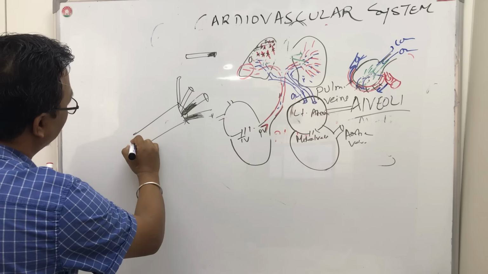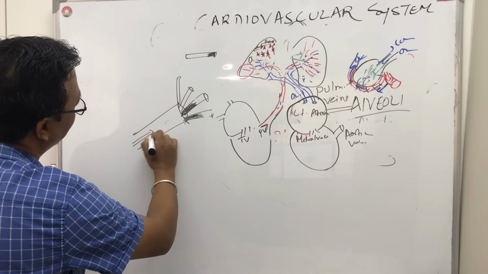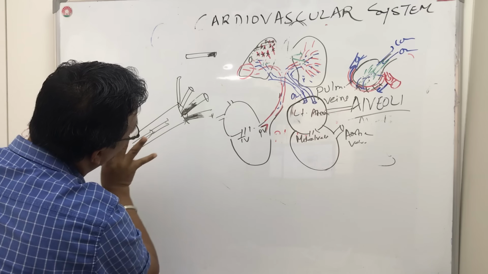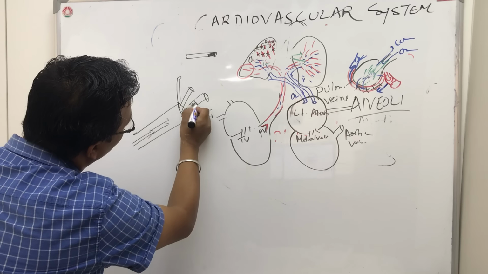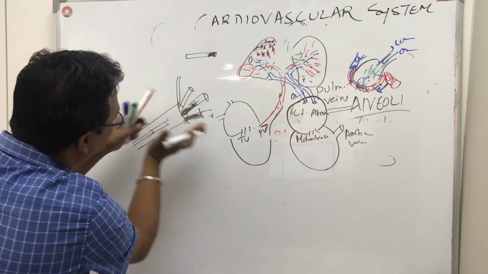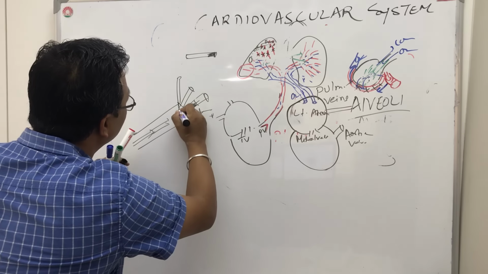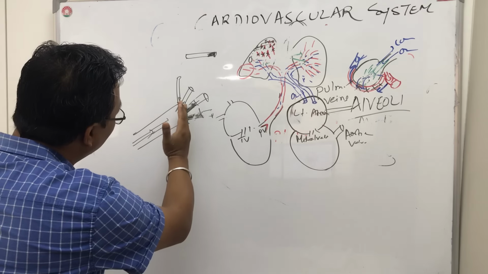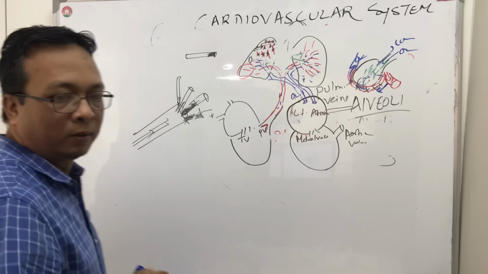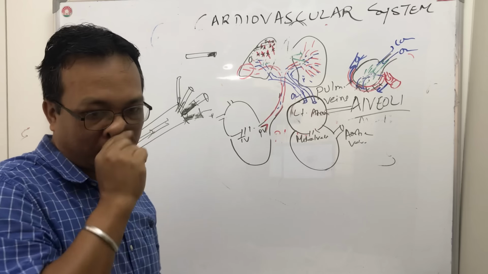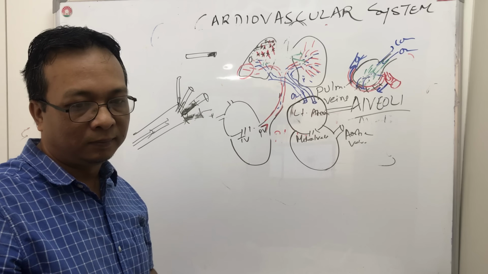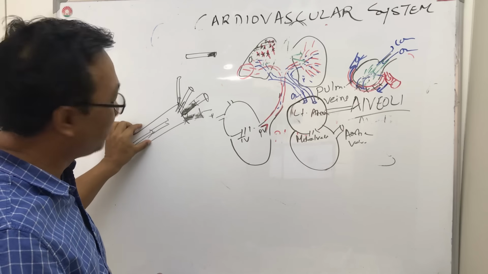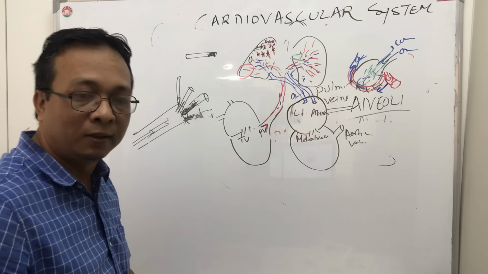So let's say blood is flowing this way, and this one is blocked, this one is blocked, and it is finding a way to go out. Then it finds a way to go out somehow. So will it affect this part or not? Just say yes or no. If I block two of these branches, will it affect the main vessels? Yes, thank you. That's it.